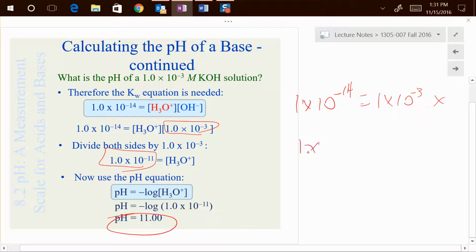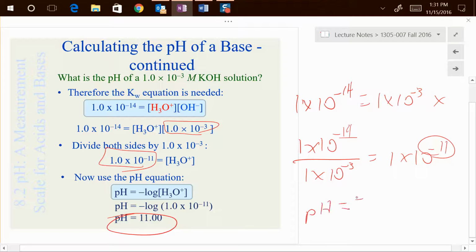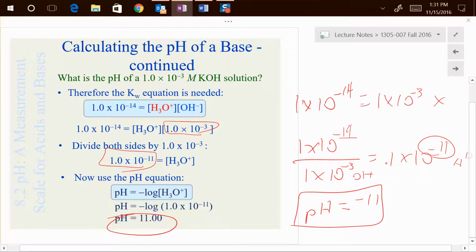So 1 times 10 to the negative 14 divided by 1 times 10 to the negative 3 is equal to 1 times 10 to the negative 11. And then I can take the negative log, and pH is equal to 11. Because this is my OH, this is my H plus.